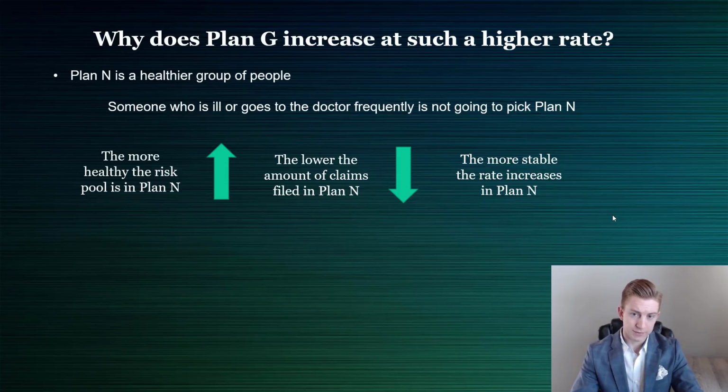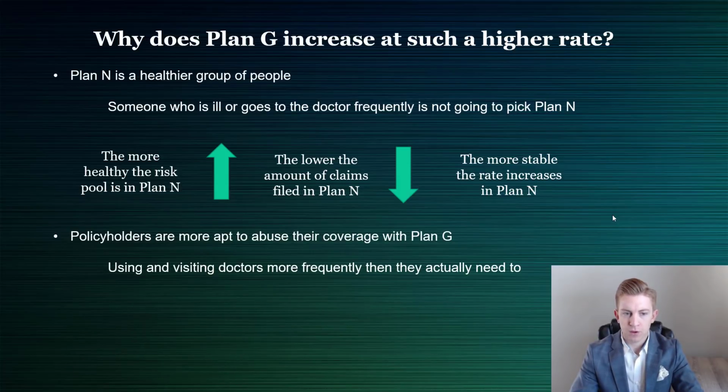Now, another reason why Plan G increases at a higher rate is that people that are on the Plan G are more apt to abuse their coverage. I'm not saying everybody is abusing their plan, but with Plan G, you'll find that policyholders are actually going to the doctor and visiting the doctor more frequently than they maybe need to.